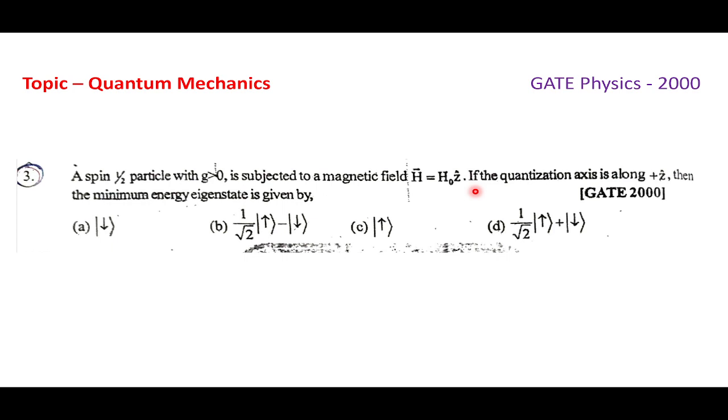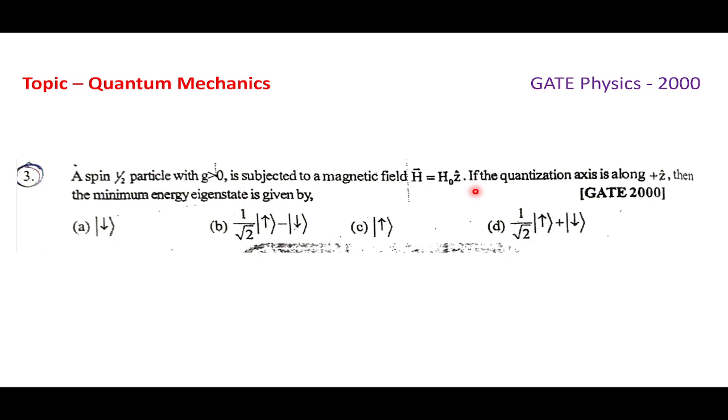That means your projection of the spin will be along the z direction, that will be your s z. So when you do minus mu s dot H vector, you get g s e by 2m times your spin vector dot product with your H naught z cap. So s dot z cap basically gives you the projection along the z direction, that is your s z, right?